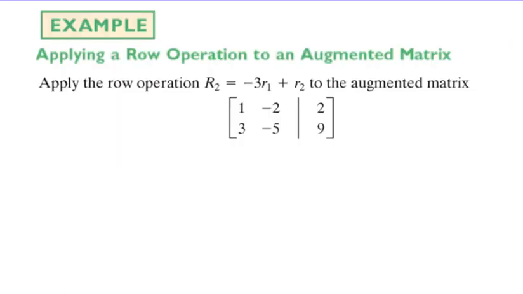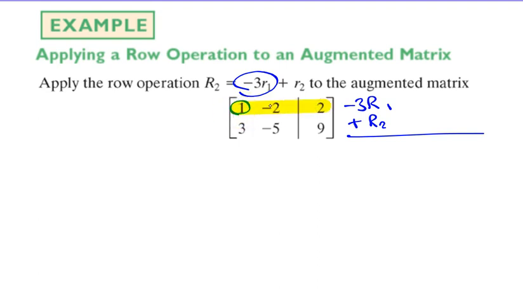There's row operations. This says multiply row 1 by -3, so -3 times row 1, and then add it to row 2. So I'll take row 1 and multiply everything through by -3, changing this 1 to -3, followed by a 6, then a -6, and it says just don't do anything to row 2, so I'll just rewrite row 2: 3, -5, 9.